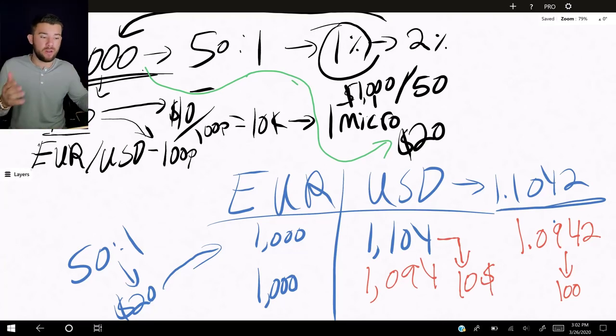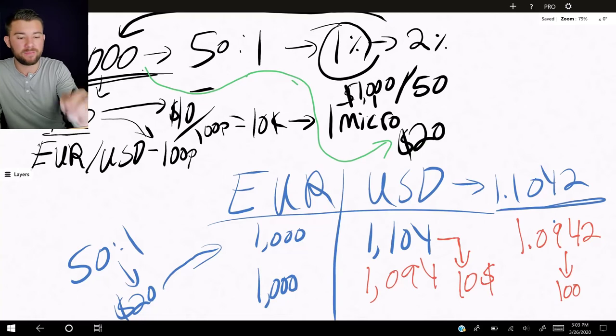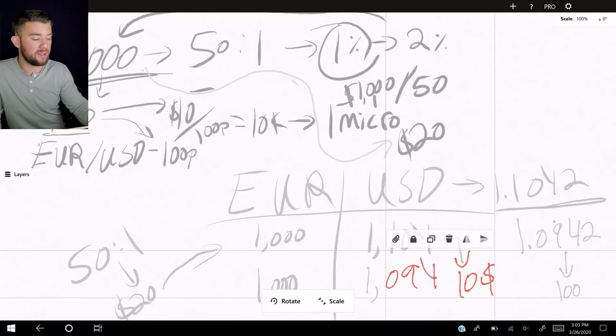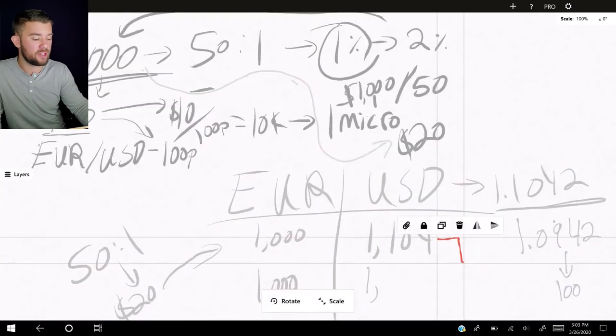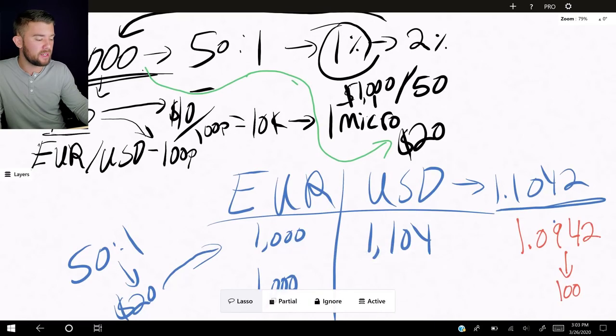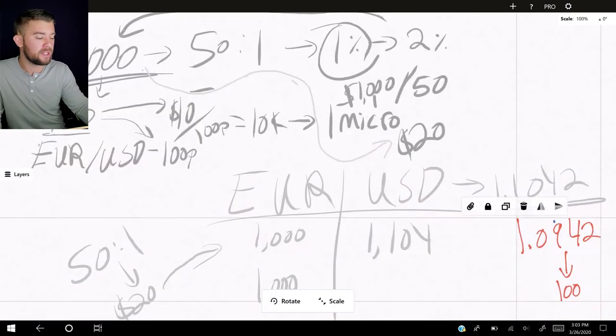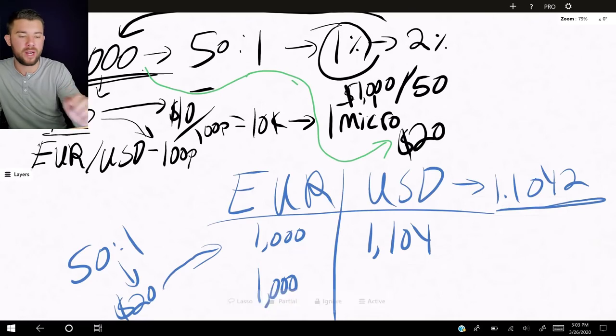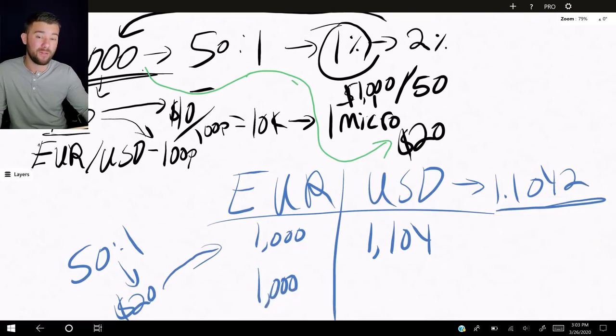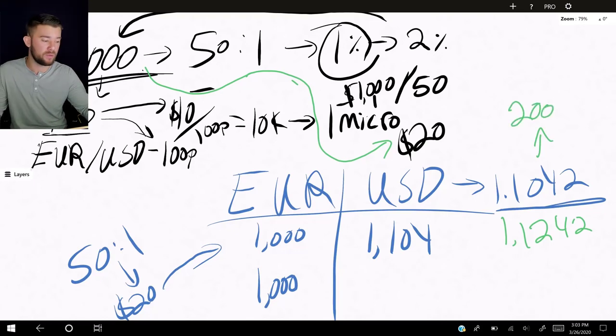Now, in the other scenario, let's say that the market goes up 200 pips. Let's say you had a 2-to-1 risk reward. So let's delete this and do the math on this as well. To make sure you fully comprehend leverage, this is going to be extremely helpful. So instead of going down 100 pips, now we go to 1.1242, or we rose by 200 pips, a 2-to-1 risk reward.